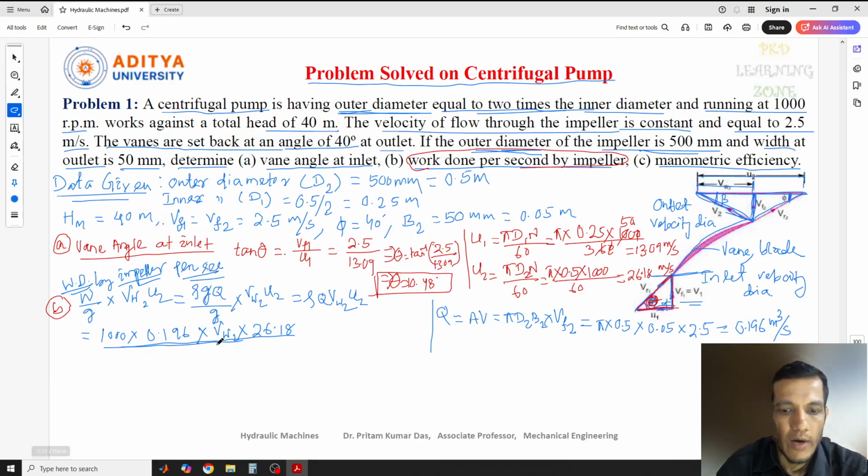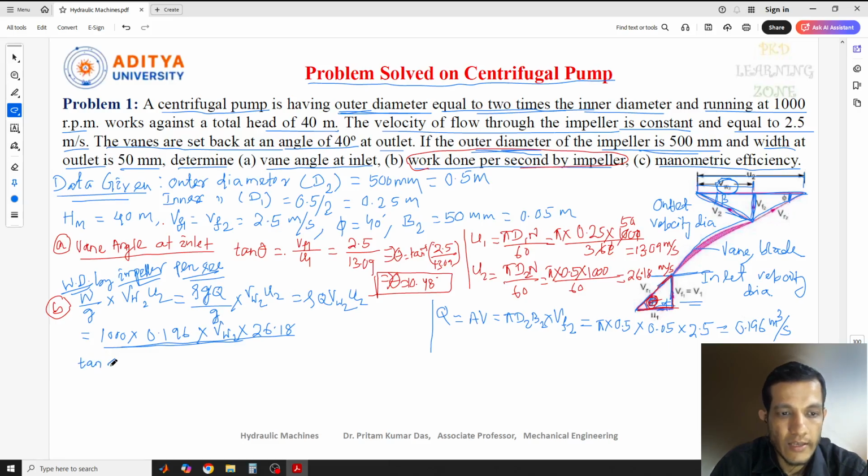Now how to calculate the value of Vw2? This Vw2 value is at the outlet condition. For this we need to consider the outlet velocity triangle. By taking the right angle triangle, if you write the formula of tan theta, here it will be tan phi.